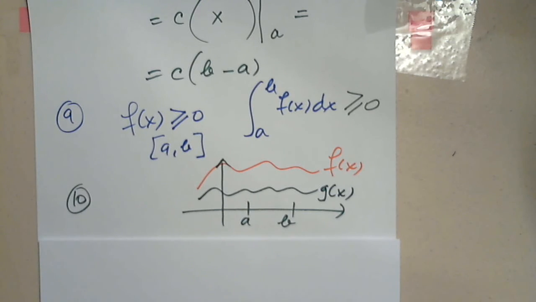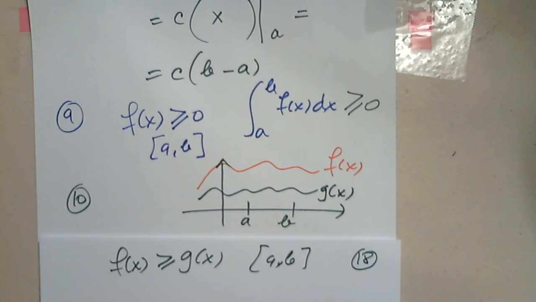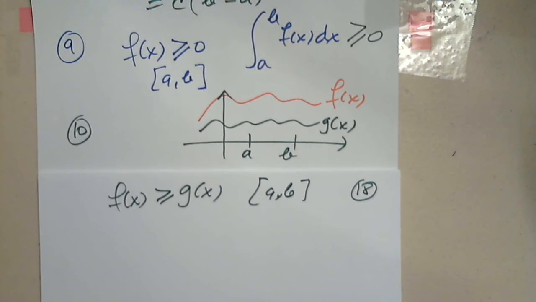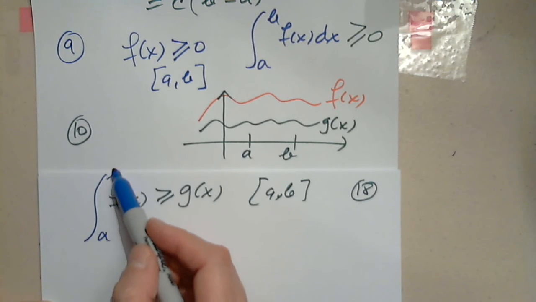Obviously, the way I graphed it, would you agree that f of x is definitely greater than or equal to g of x on a comma b? Outside of a comma b anything can happen, but between a and b, the function at the top, f of x, is greater than the function underneath it? Yes. Okay, then what do you think is going to happen?